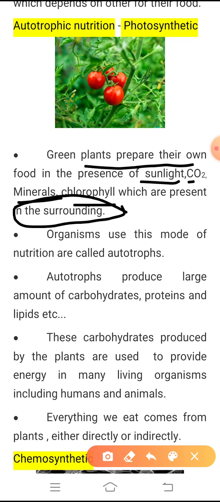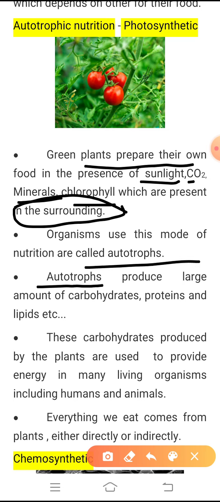What is present in the atmosphere? So, with the help of those materials only, they are going to prepare their own food. And these organisms, those who are using this autotrophic mode of nutrition, are called autotrophs.